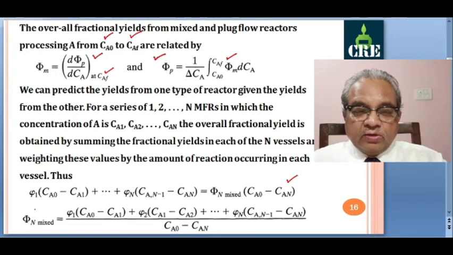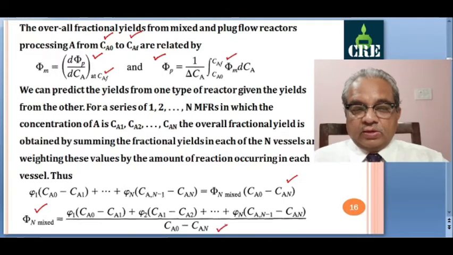So we can write capital phi n, the overall fractional yield for n mixed flow reactors in series, as this total divided by the overall concentration difference Ca0 minus Can.